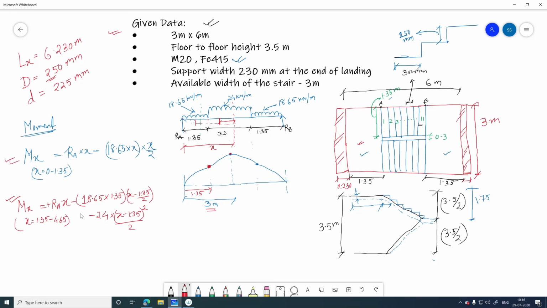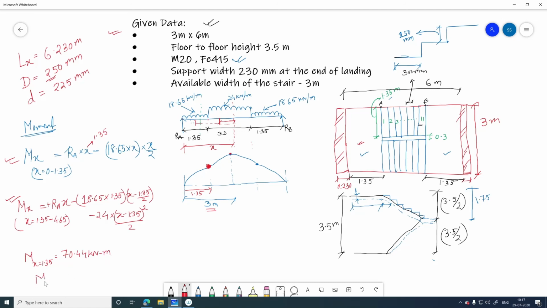Okay, so the moment here that I get is 70.44 kilonewton meter. So if you put the value of x over here, that is 1.35, or over here, the value you get, that means moment at x equals 1.35, is 70.44 kilonewton meter.